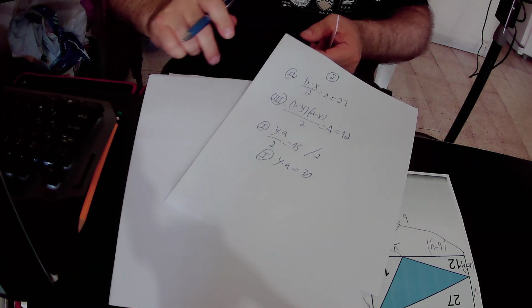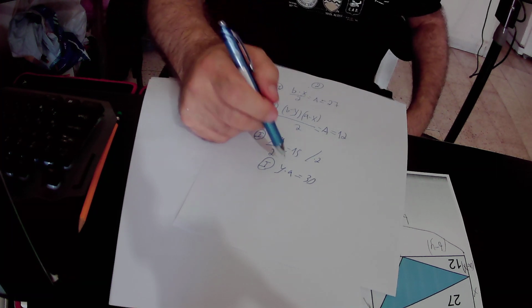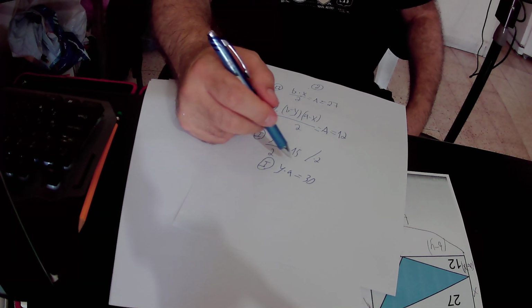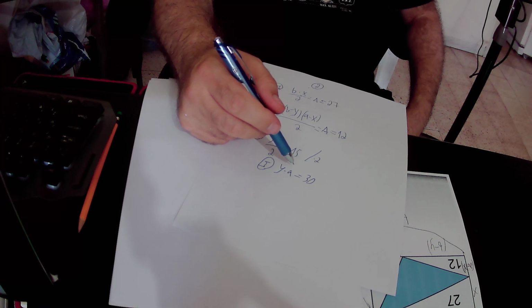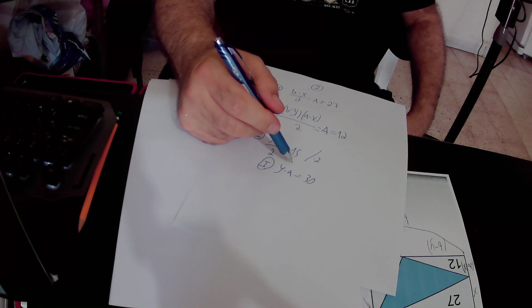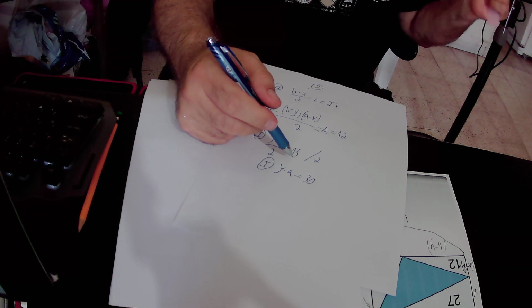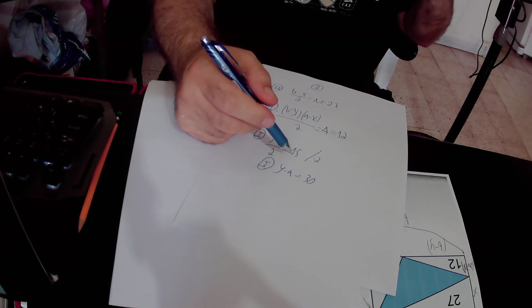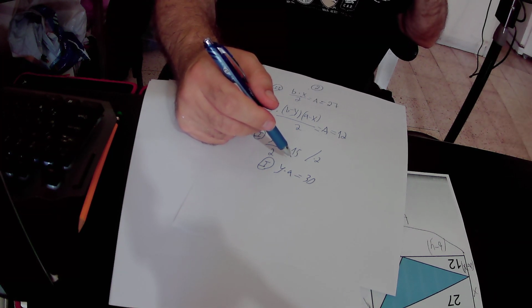Okay, now we will divide both sides of the equation by a. We can divide by a because a is the width of the rectangle, and it must be a positive number.